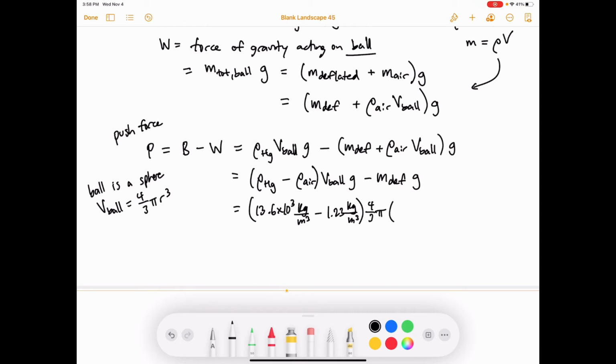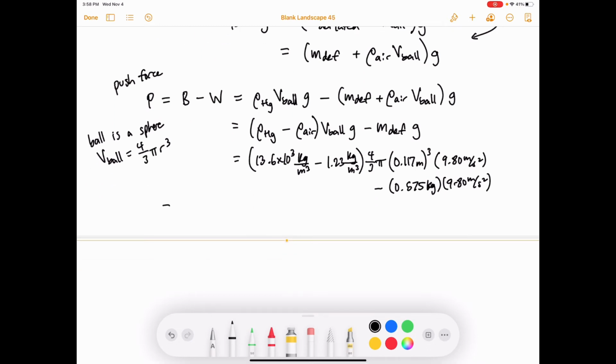So the radius we were given is 11.7 centimeters, or 0.117 meters, and then cube that, and then multiply by g, 9.8 meters per second squared. And then subtract the mass of the deflated ball, which is 557 grams, or 0.575 kilograms, times g, which is 9.8 meters per second squared.